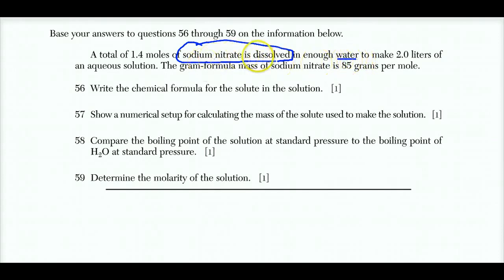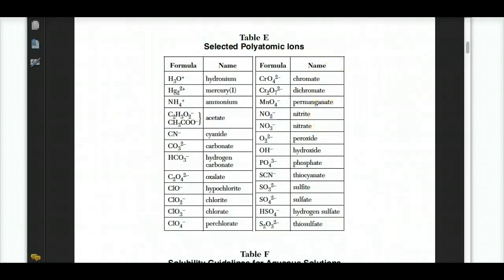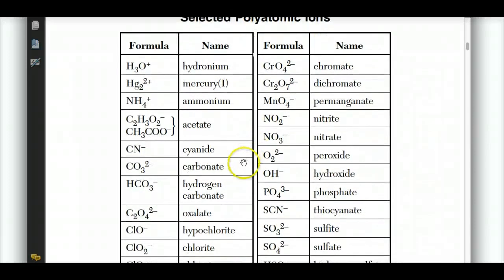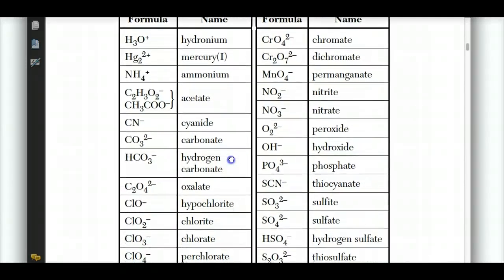So this is dissolved, and you should know that sodium nitrate, sodium is +1. Nitrate, if you did not know what a nitrate is, we need to go to table E. There is table E, which I like to call the what the heck is that table, because sometimes you'll see things you just don't know what they are. So we go to the what the heck is that table, and we'll see that we have a nitrate, and nitrates are right here.